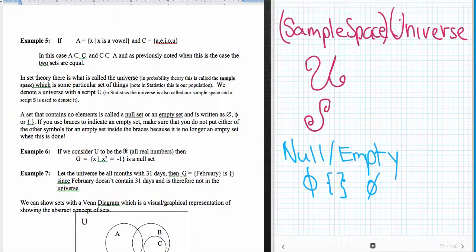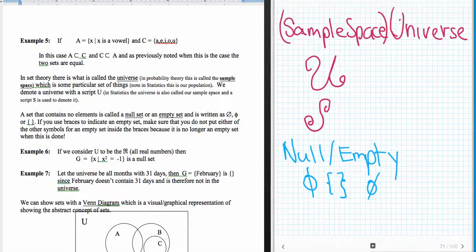Well, we know in the real number system there is no such thing as anything being squared giving you a negative number. And so this set, even though it's very well defined here, it just doesn't exist under the set of real numbers. Now that number exists, of course, under the complex numbers. So if we were to change the universe here, we could certainly have a defined set. But at this point in time, defined under the set of real numbers, this is definitely a null set.